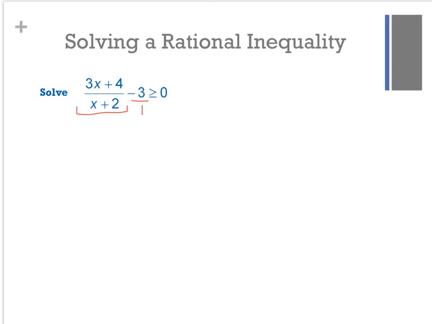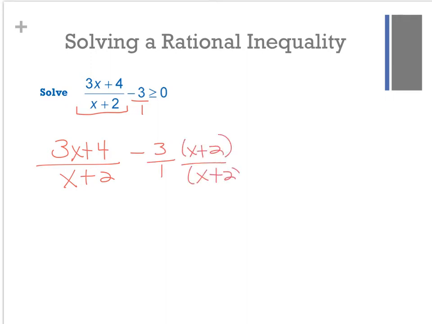Now, before I do that, I'm going to go ahead and get a common denominator here. So I get (3x plus 4) over (x plus 2), and I'm going to multiply the second fraction by x plus 2 on top and bottom so that I get a common denominator. And we have (3x plus 4) over (x plus 2) minus (3x minus 6).